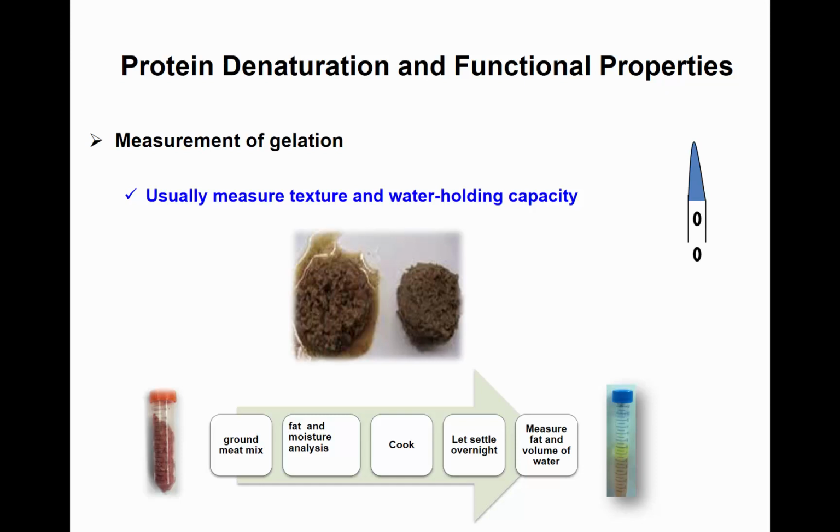You put the meat in a tube, you know the fat and moisture content of that ground meat with and without whey protein. You cook, let it settle overnight, and then you measure the fat and volume of water that got separated from the meat. Even fat gets separated, and that's due to the fat holding capacity or the fat binding capacity, and that's a different one.